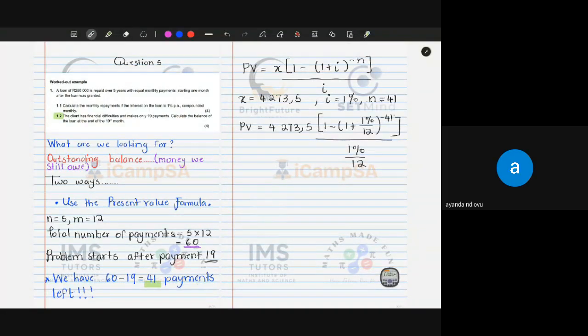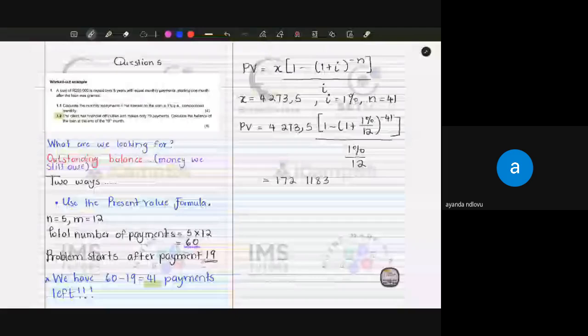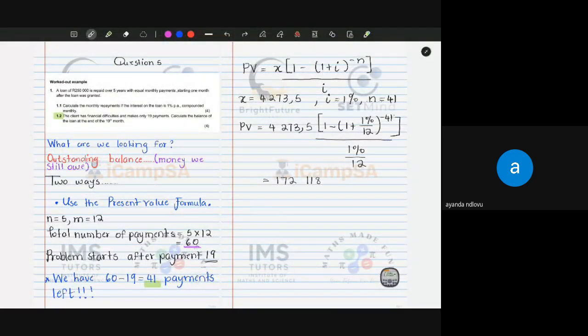What is the answer? 2,172,183. You put an extra one.